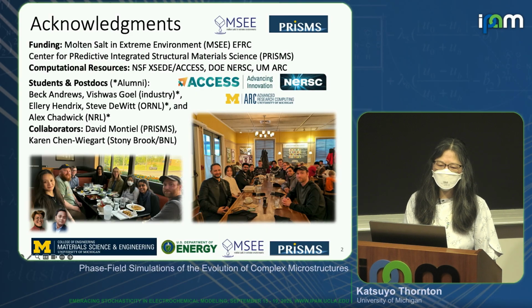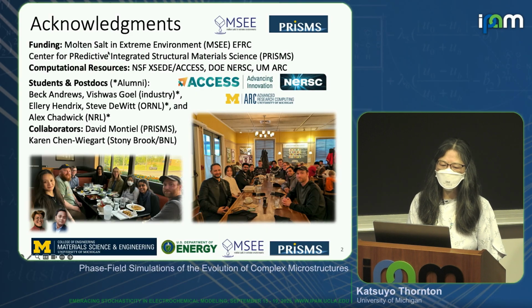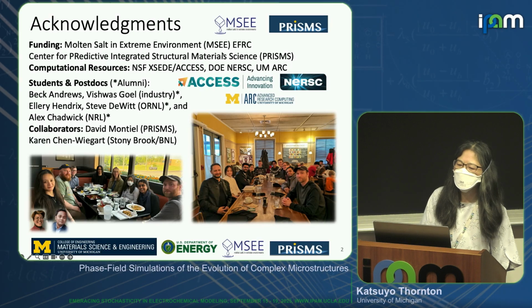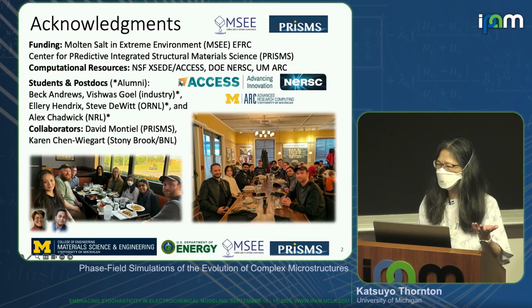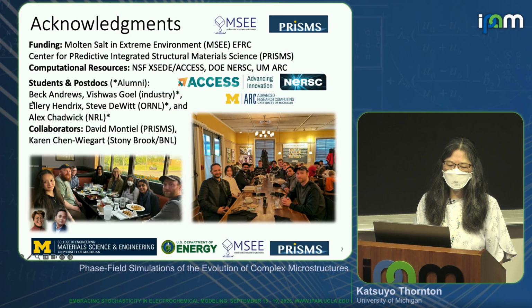Another center is Molten Salt in Extreme Environments, where we are studying corrosion of metals in molten salt. We use computational resources from NSF as well as DOE, and also local computing resources at the University of Michigan.